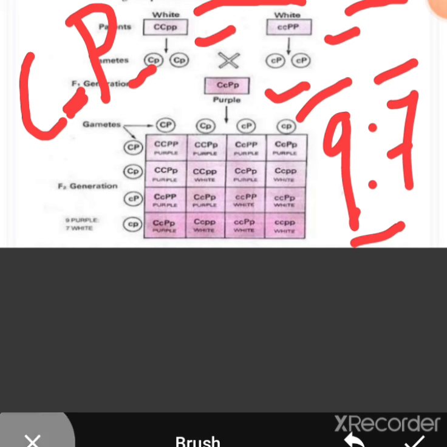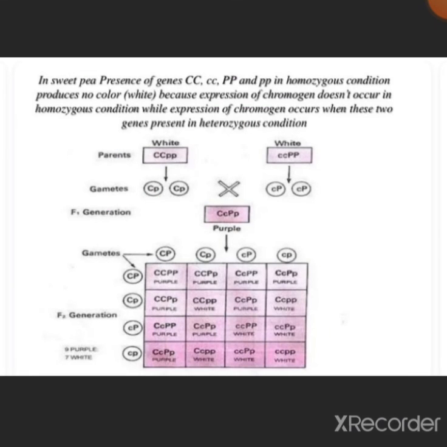So both of the alleles have to be in dominant condition, then only will it give rise to the production of the end product, that is the purple pigmentation, and they complement each other. Okay, so this is an example of complementary gene action, whose ratio is 9:7. Okay, thank you. Hope this helps.